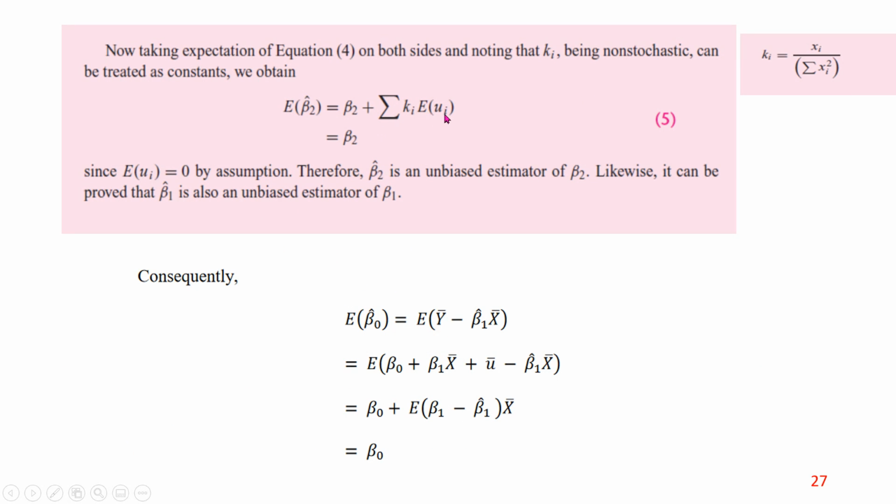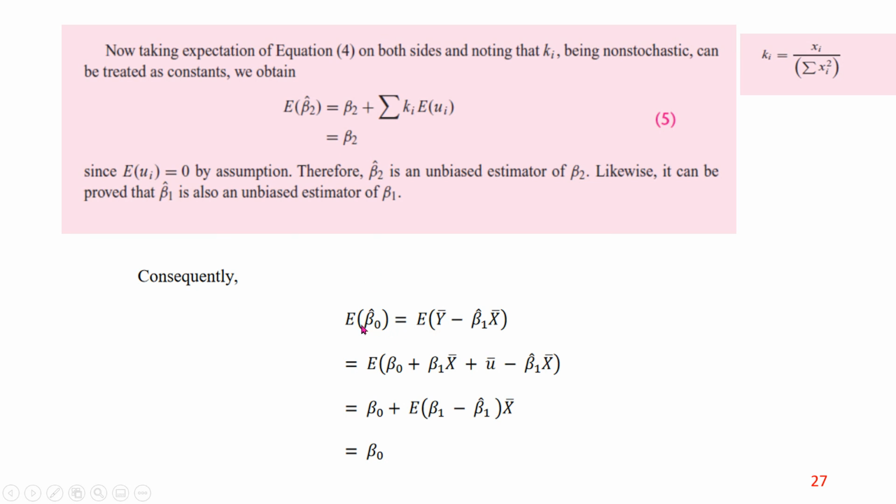So the expectation is only applied on the random error part, which is a variable, and we know that it is a classical and crucial assumption of regression that the mean or expected value of the residual is 0. So this equation reduces to the expected value of beta 2 hat being equal to beta 2, which completes the proof that beta 2 hat is an unbiased estimator of beta 2.